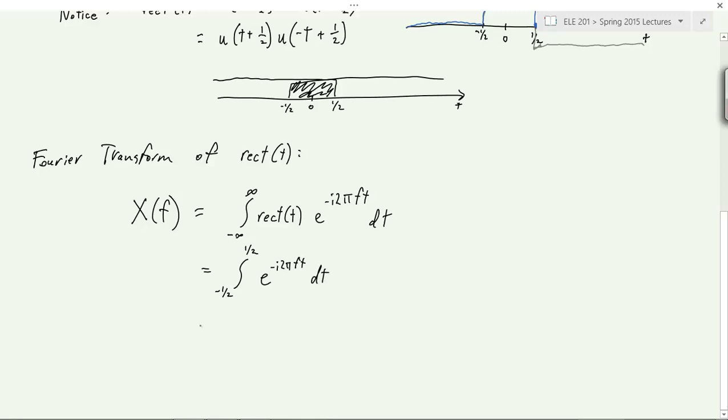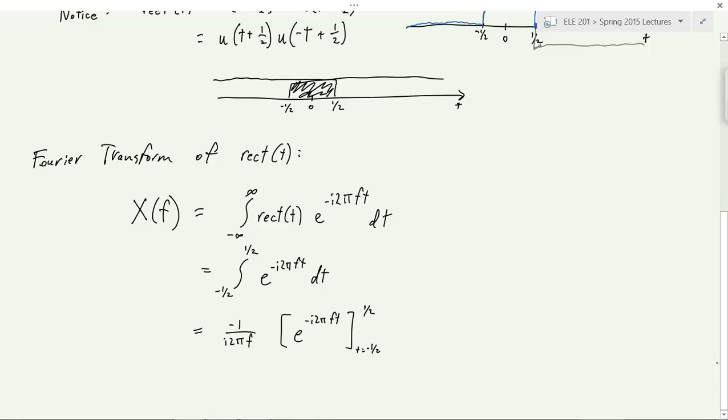Okay, so this equals negative 1 over i 2 pi f times this, integrated from t equals negative a half to a half. Now that formula only holds actually if f doesn't equal 0.